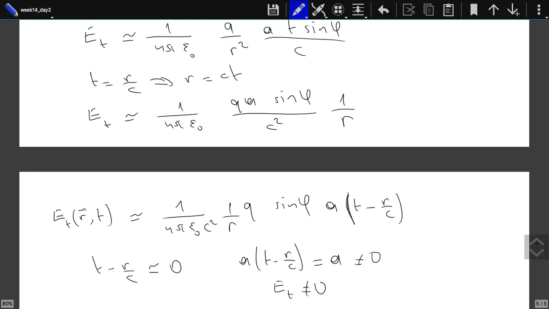So this is just a generalized expression. In the shell, yes, t is equal to r over c. True, because this is non-zero only if t minus r over c is approximately zero, but that is inside the shell.